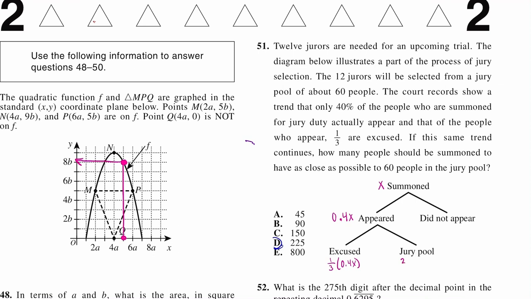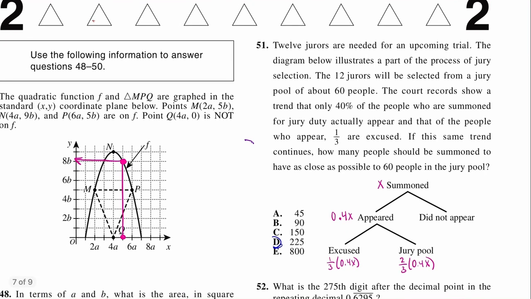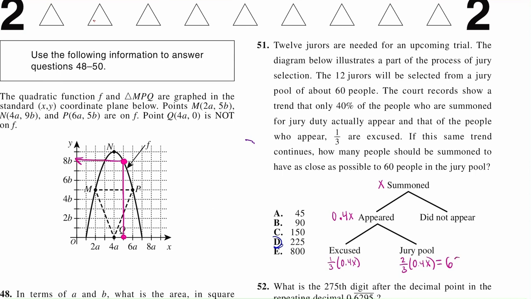So that means 2/3 of the appeared are in the jury pool, which it says we want 60. So now let's look at the equation I just wrote for the jury pool. So we have 2/3, let's do this in our calculator, 2/3 times 0.04.